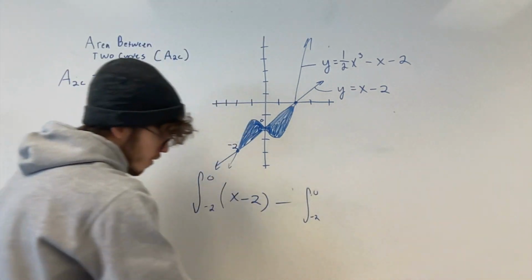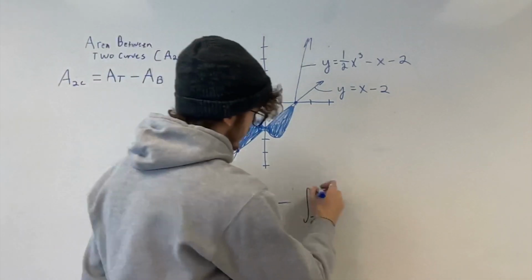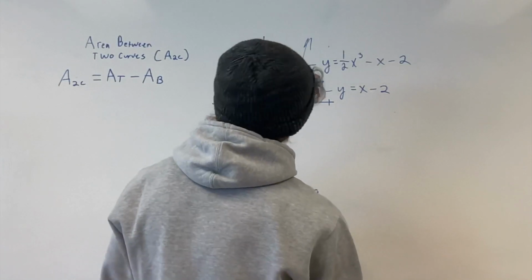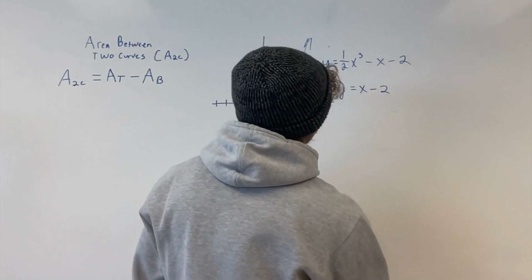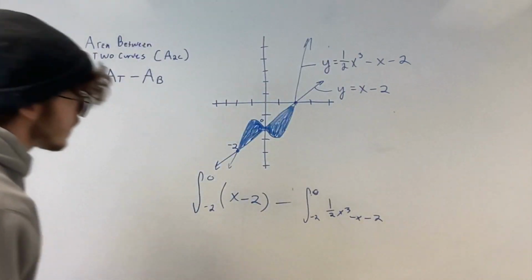I probably did an insanely terrible job at explaining that, and on top of that I also made a little mistake. So let us now do the math here. The integral of the top minus the integral of the bottom, 1/2 x to the third minus x minus 2. So let's just find that there.